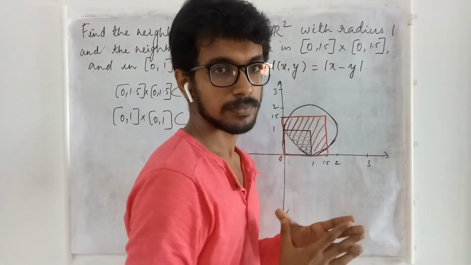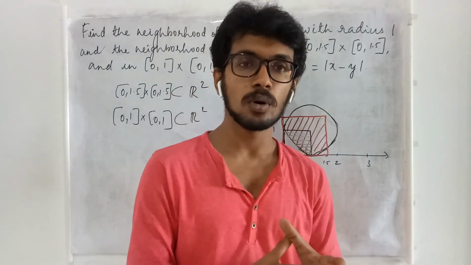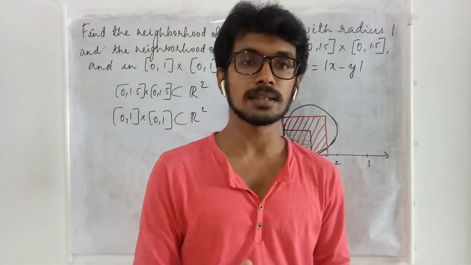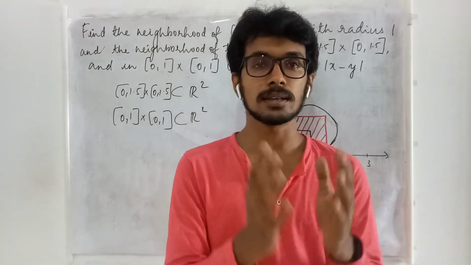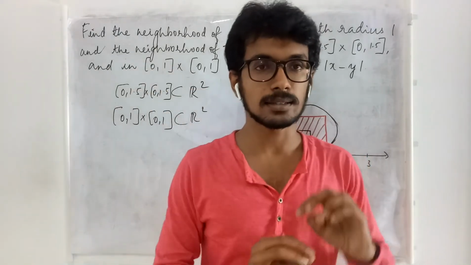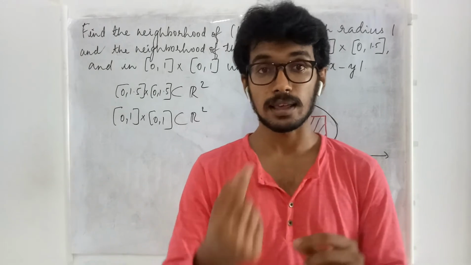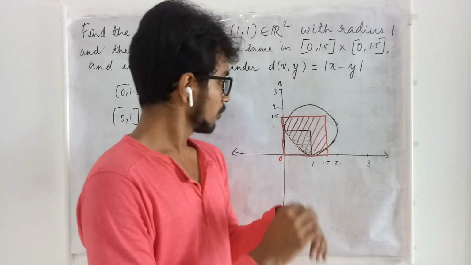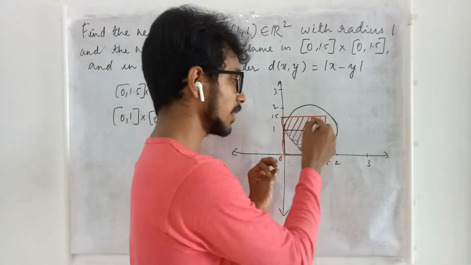But whenever you restrict, that is you find the neighborhood of this point in the submetric space, your diagram is slightly different, right? So this might have given you the idea of how the neighborhood takes shape in the submetric spaces. Whenever you consider the sets in a whole sense, that is entire R2, R3, entire R, your center exactly lies in the center. But when you start restricting things, your center is not exactly in the center.